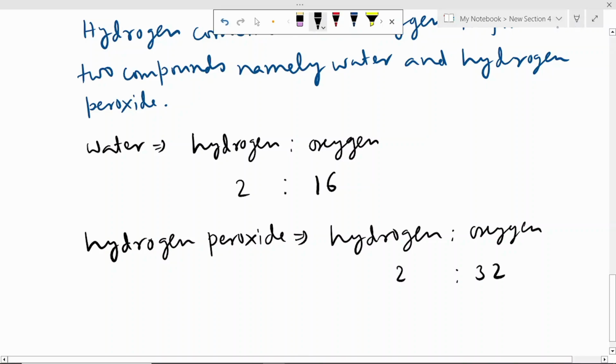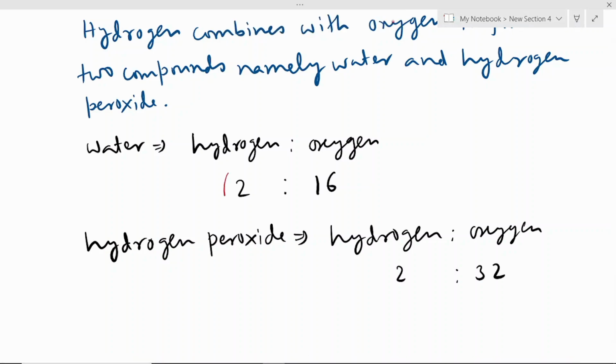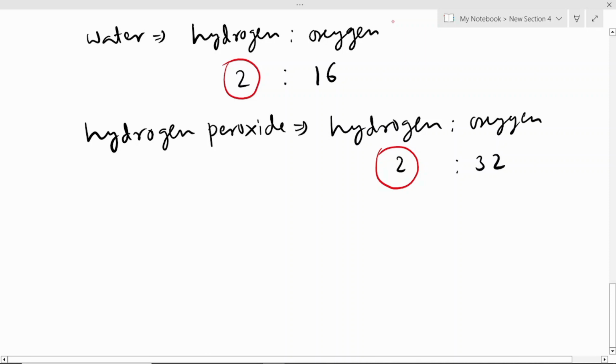In both cases, the amount of hydrogen is fixed, that is 2, and the amounts of oxygen which combine with a fixed mass of hydrogen bear a simple ratio, that is 16:32, which is 1:2. This is the explanation of this law.